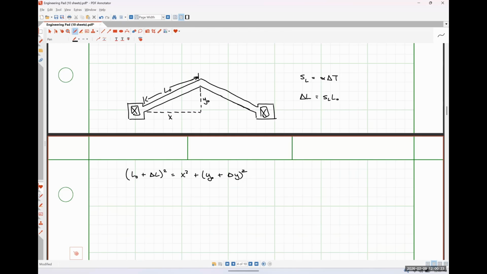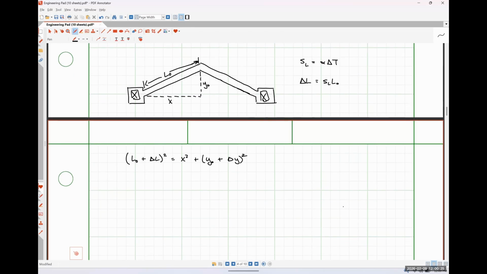I'm going to expand this out. So I'll have L naught squared plus twice delta L times L naught, plus delta L squared on this side.